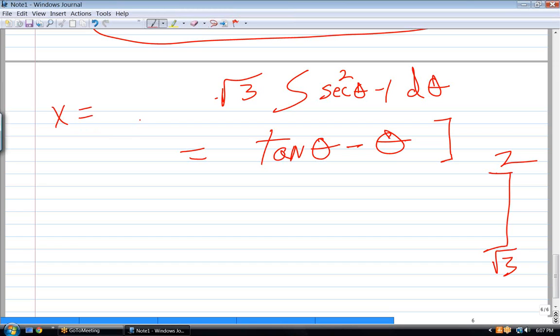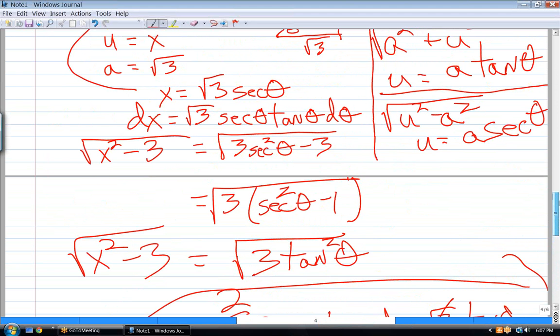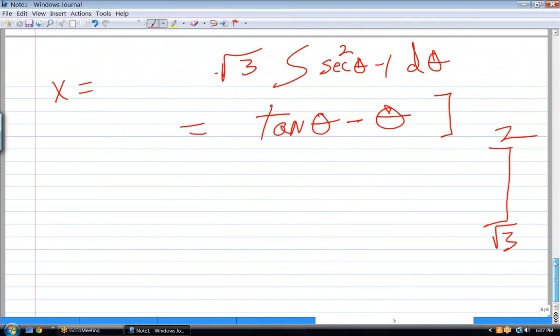What was x equal to? Now let me go back up here. X is square root of 3 secant theta.